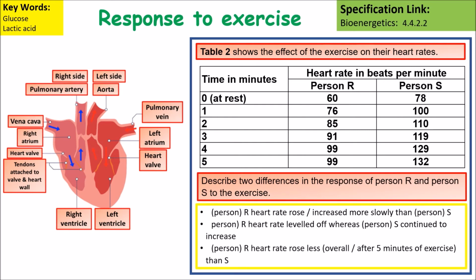Key things you need to talk about: the heart rate for person R rose more slowly than person S. Person R's heart rate leveled off, whereas person S's continued to rise. Person R's heart rate rose less overall than person S. This would suggest that person R was probably fitter or more healthy than person S.